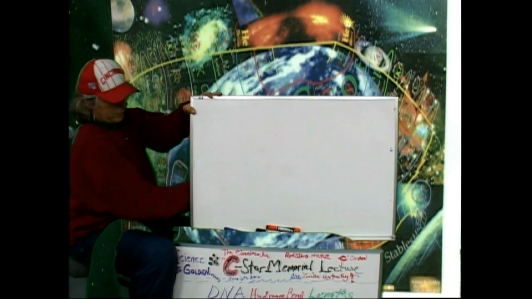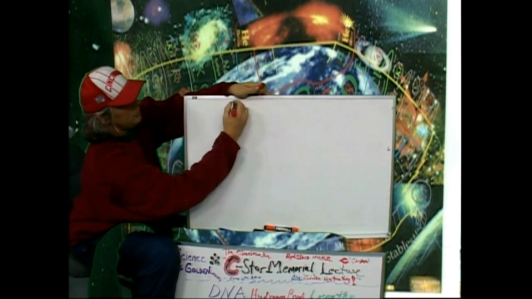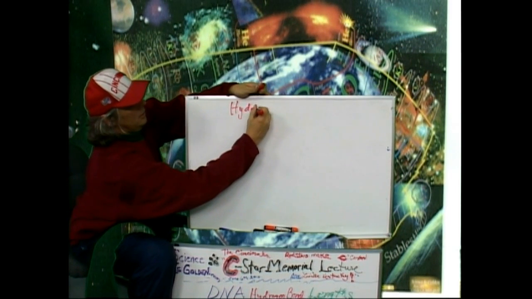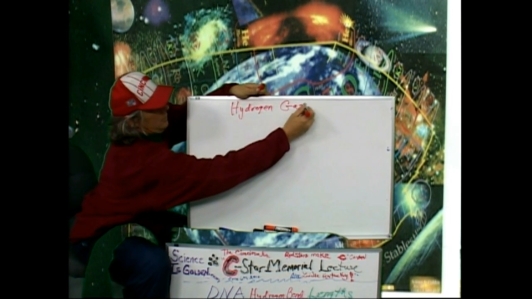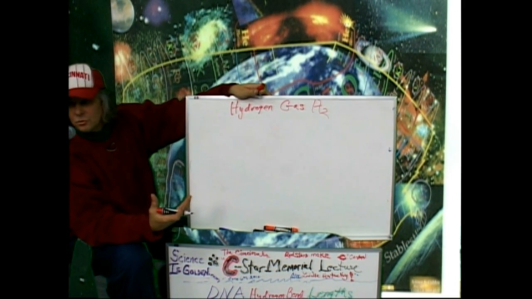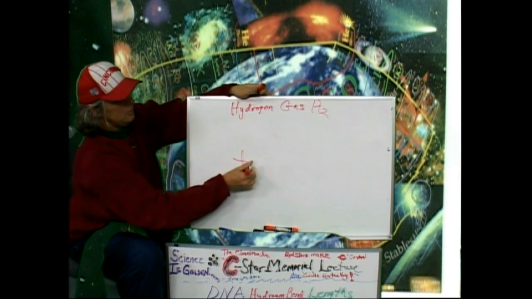Okay, so the first thing we're going to start with is hydrogen, and what hydrogen exists as is H2. So, light hydrogen, H2 gas, what it's going to be is a proton.